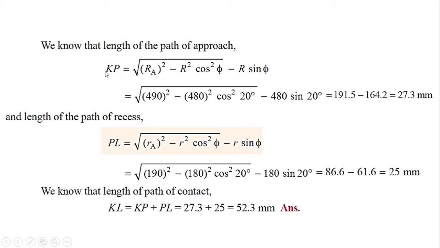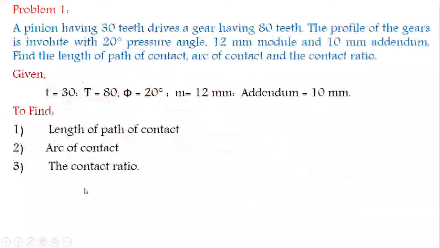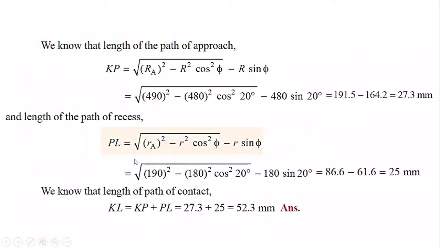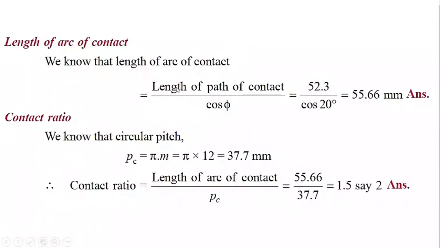Now add these two values, KP plus PL, and you will get the length of path of contact, here 52.3 millimeter. This is the length of path of contact of the two mating gears. Next, arc of contact. Arc of contact is length of path of contact divided by cos phi.